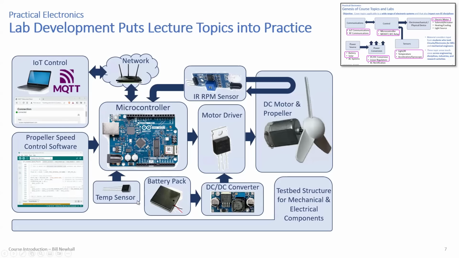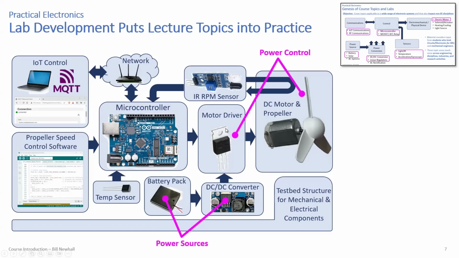You'll be doing some software. So we're going to cover these topics in lecture like this. We're going to cover power sources. We'll talk about batteries. We'll talk about DC to DC conversion, how that works, the different types of DC to DC converters. We're going to talk about controlling power delivered to, really, any load, but in this case, a motor using a MOSFET motor driver.